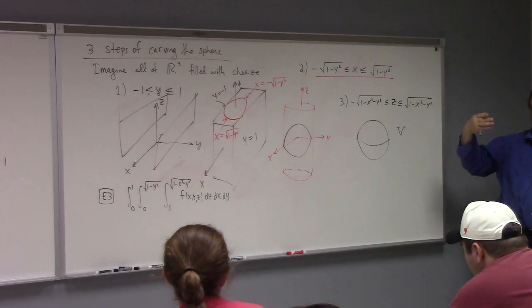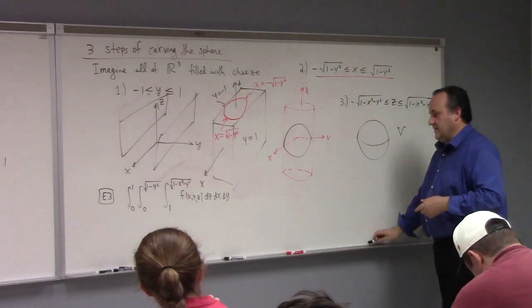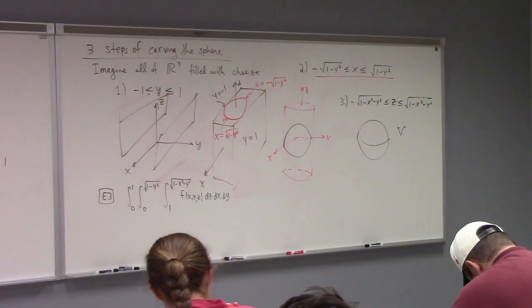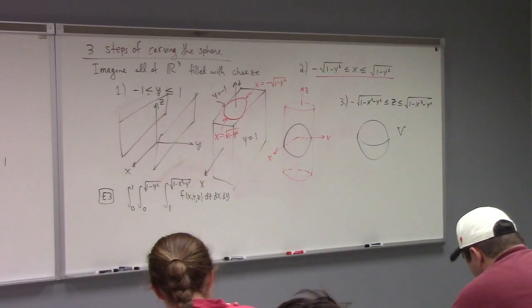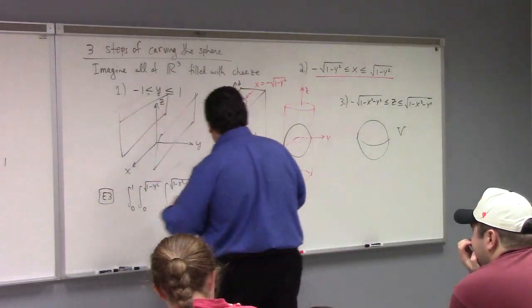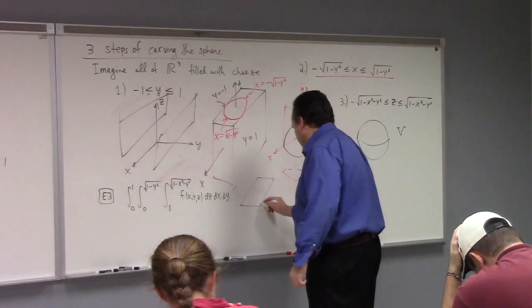Let's think through it. Would it be like a quarter of a sphere? Well, I mean, it's not even that. So first of all, we have half of the slab that we start with, right? Because we start with just the slab that goes from 0 to 1, right?